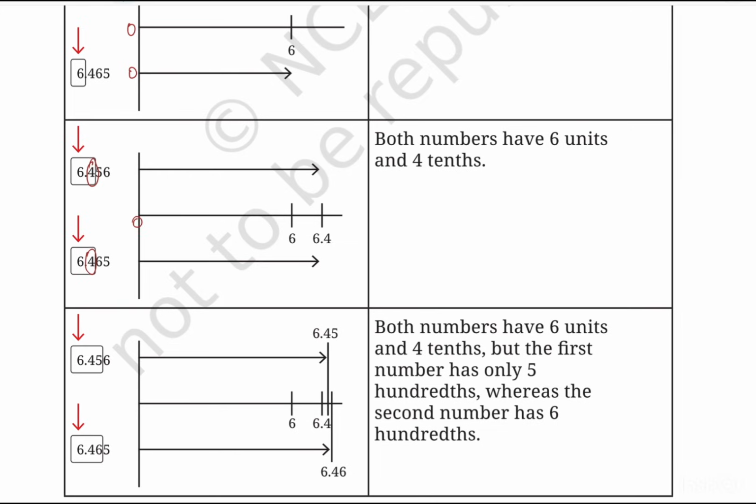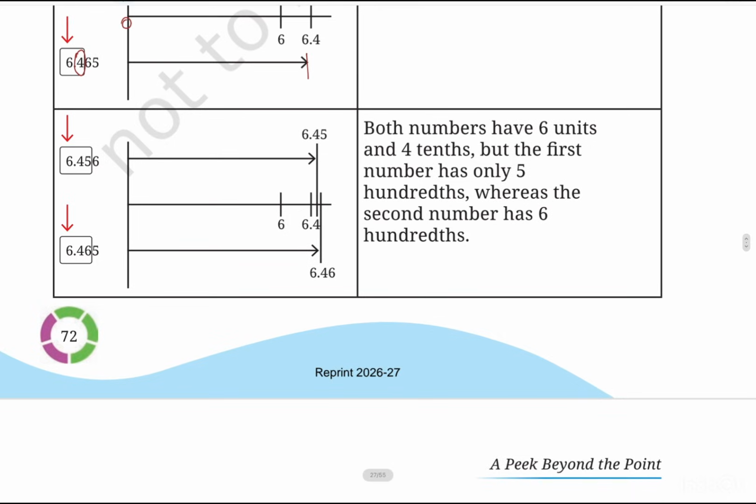So both numbers have 6 units and 4 tenths. On considering the next digit, the hundredths, here we have 5, but here it is 6. So the hundredths are different in both numbers.